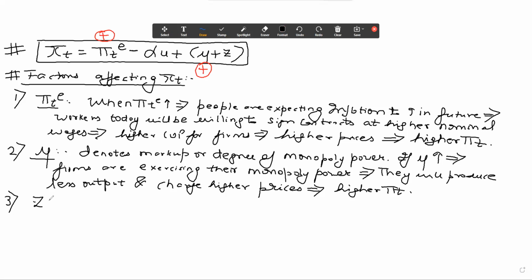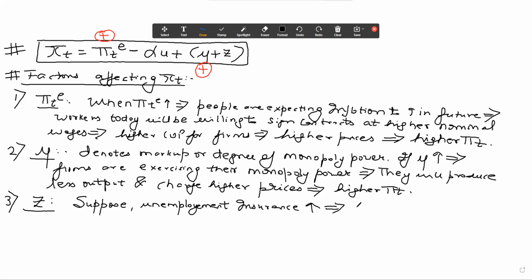Third, z. So the example we had taken, suppose unemployment insurance goes up.